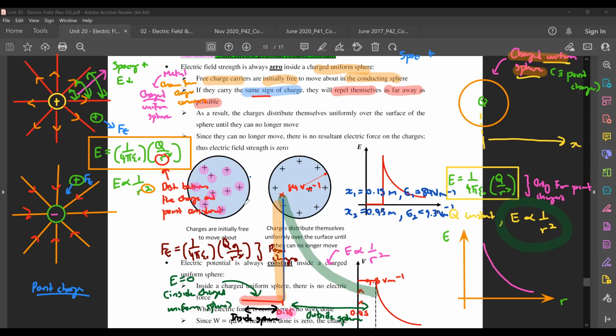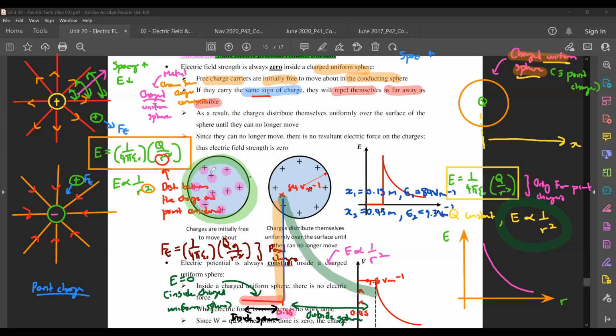You will never have a case that the charge carriers try to move close to each other. They will actually try to move far away from each other. So because they repel and they can move, they will now move as far away as possible and they'll actually go towards the surface of your sphere. Okay, that's the max they can go. That's the furthest they can go away from each other.